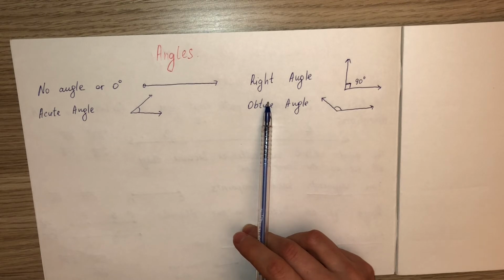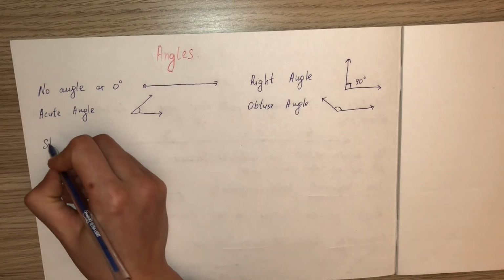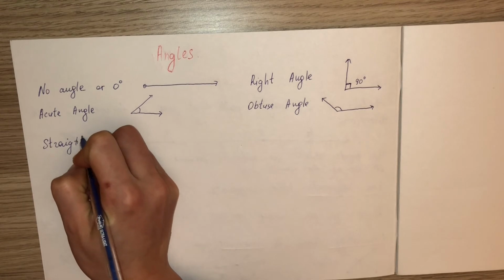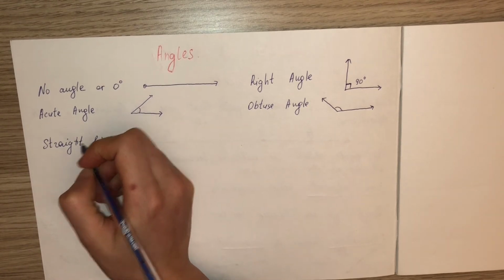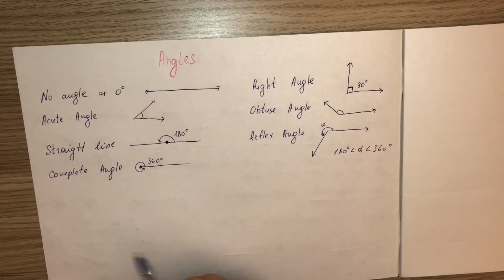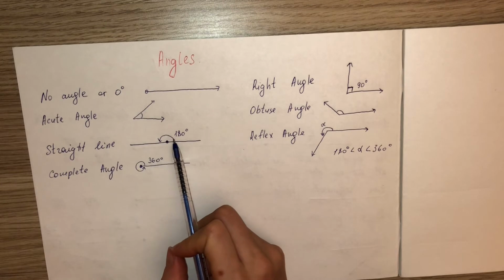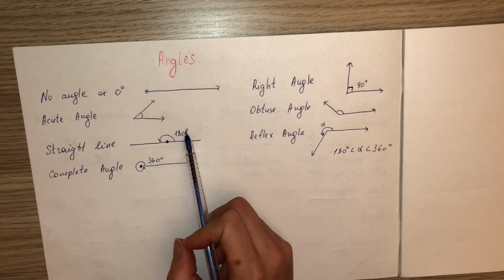So here is another example. Straight line. The degree of the straight line is 180.